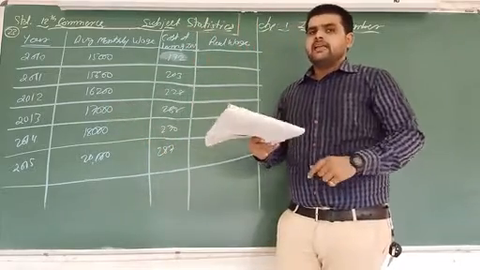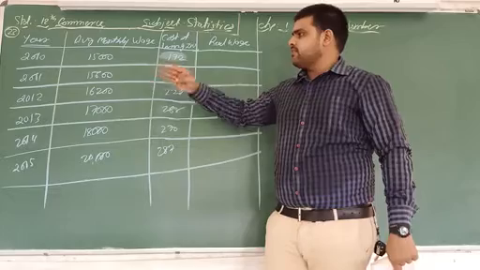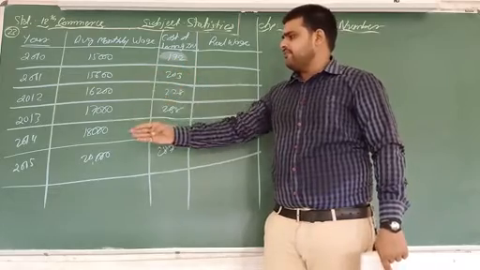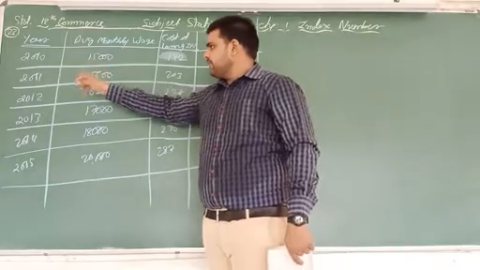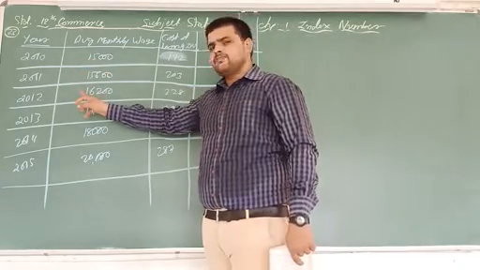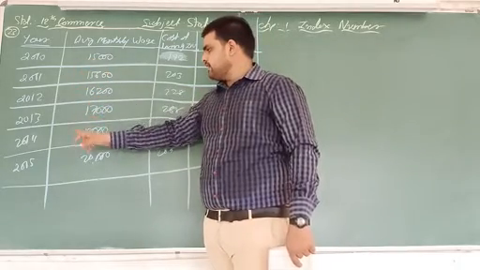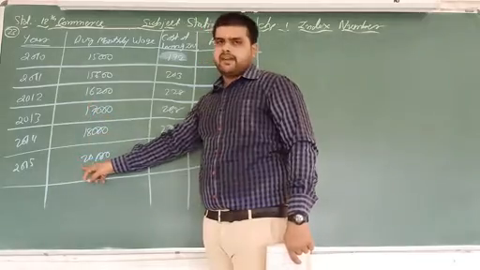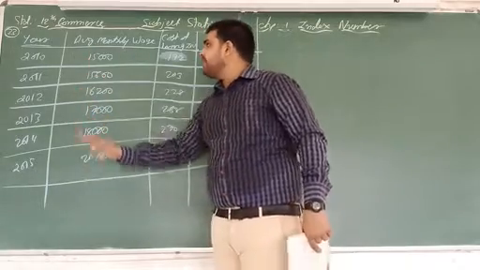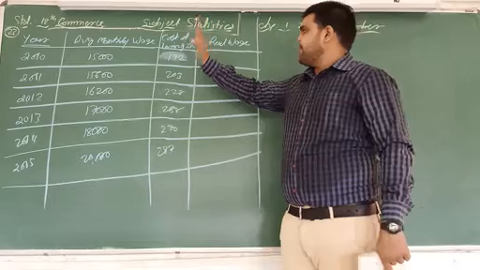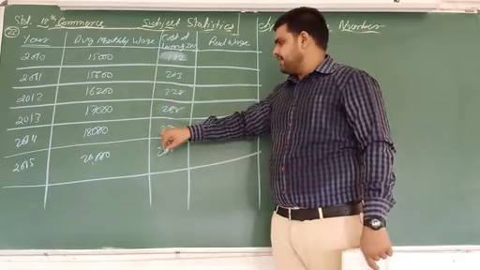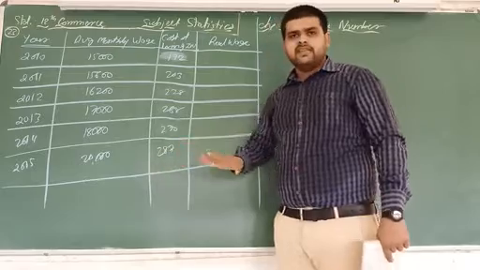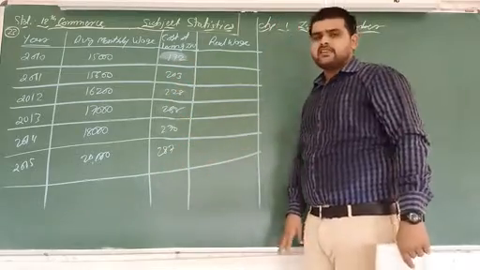So here 2010, 2011, 2012, 13, 14 and 15. Average monthly wage is given as 15,000, 15,600, 16,200, 17,000, 18,000 and 20,000. Cost of living index number is 192, 203, 228, 268, 270 and 287.